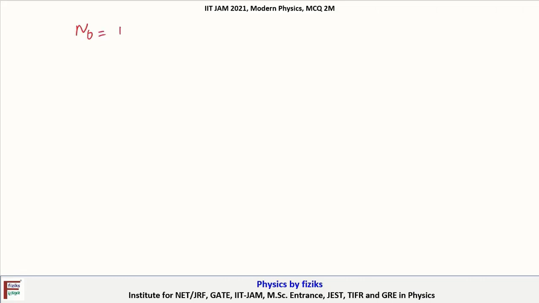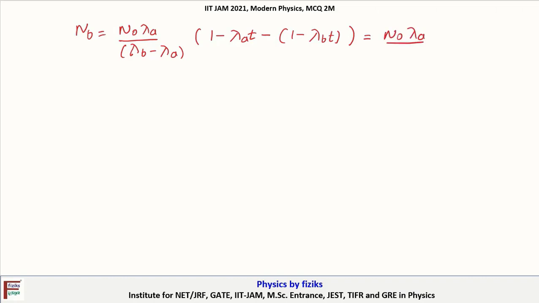NB can be written as N naught lambda A divided by lambda B minus lambda A into (1 minus lambda A t) minus (1 minus lambda B t), which gives us N naught lambda A divided by lambda B minus lambda A into (lambda B minus lambda A) t.